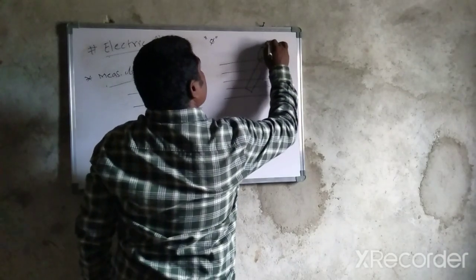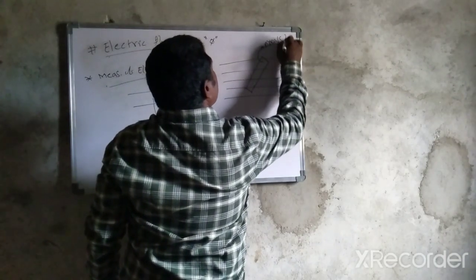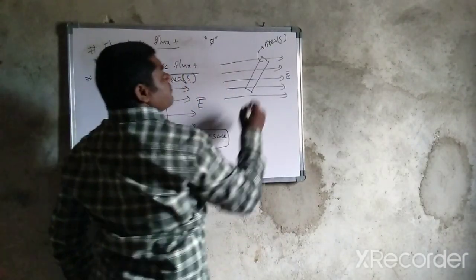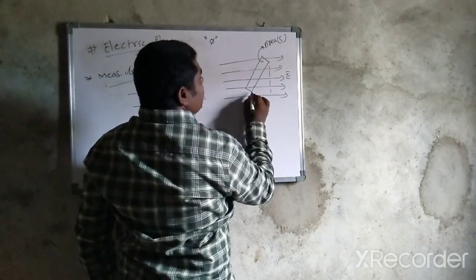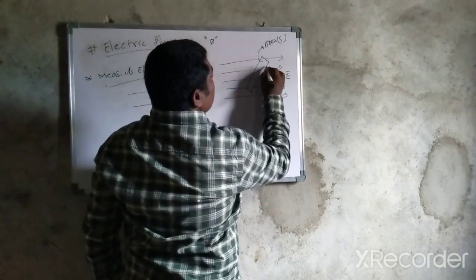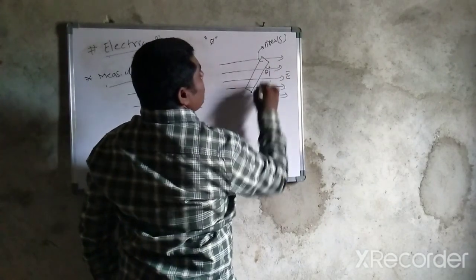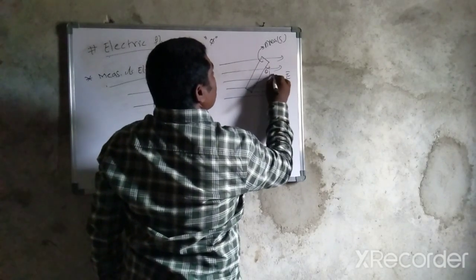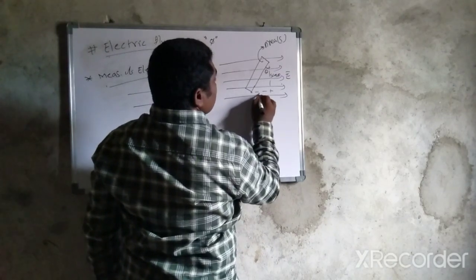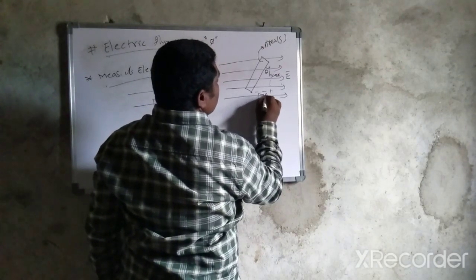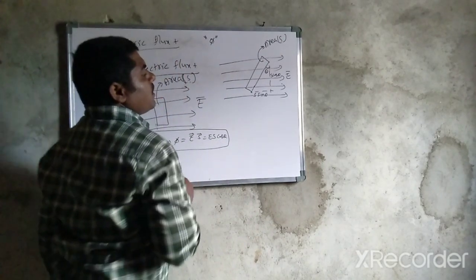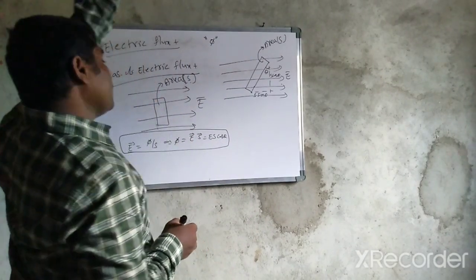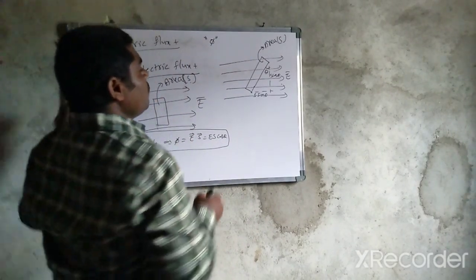Now the area is S. Extended this one, here is 90 degrees. Let us consider this angle as theta. If this is theta and this is S, then S cos theta is the adjacent side and S sin theta is the opposite side. So now the number of flux passing through.